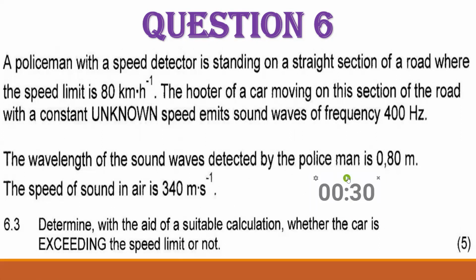Okay, please try first, and then we are going to explain. Remember, the frequency of the listener is 425, from 6.2 we calculated. F listener is 425. Please use the Doppler effect formula and then get the speed of the car.